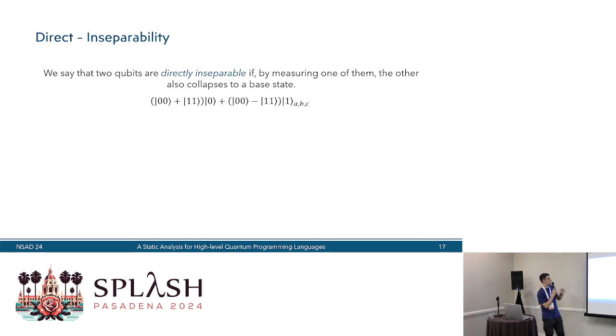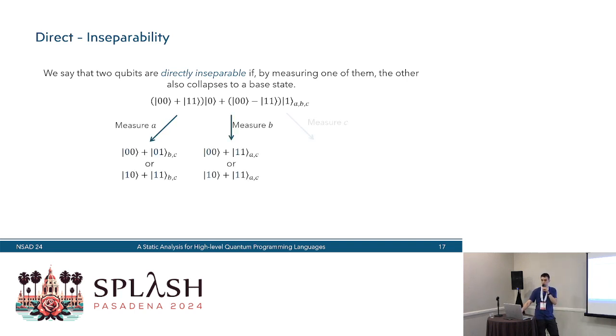So, for example, if you take the first part of the state of the previous example, we can apply different measurements, and you see that if you measure A, we can obtain two results in which you see that here C is in superposition, is 0 plus 1, but B is always 0 or always 1.